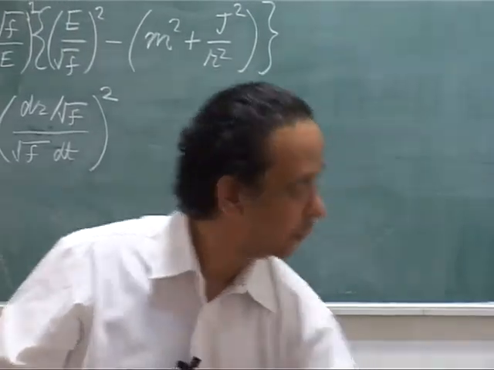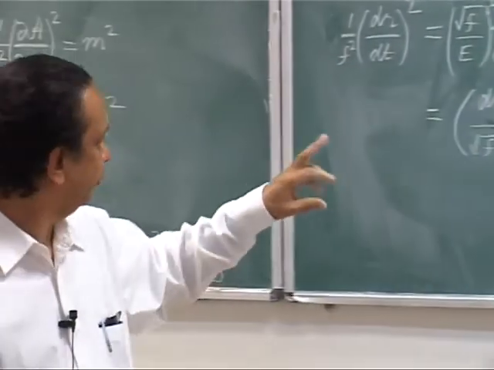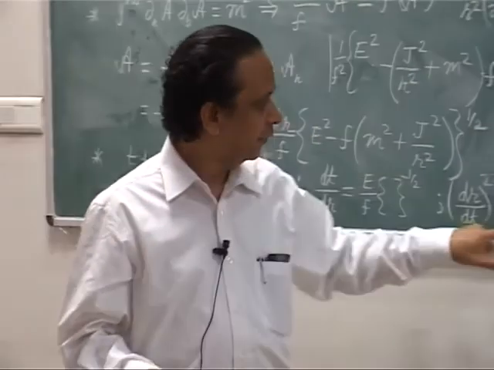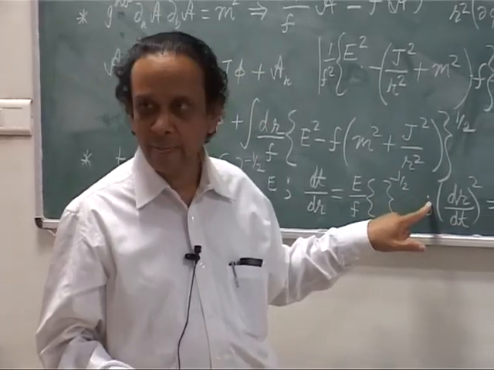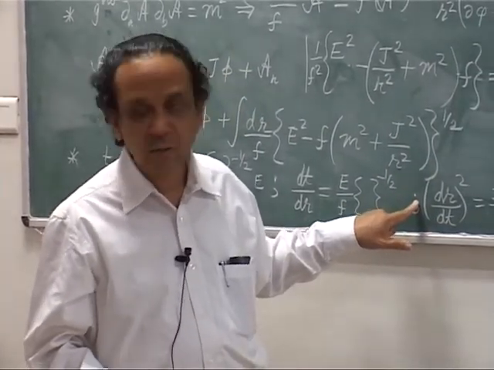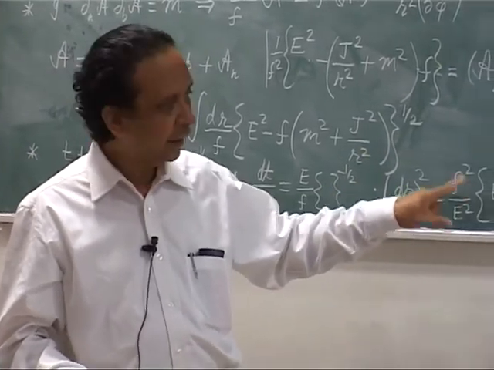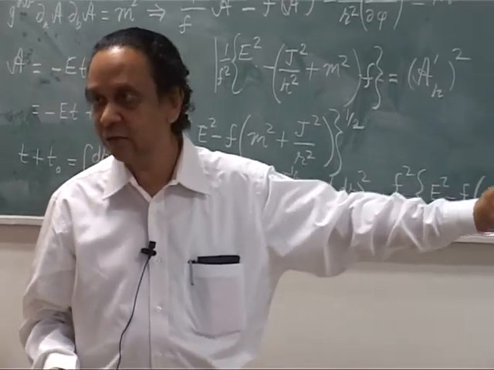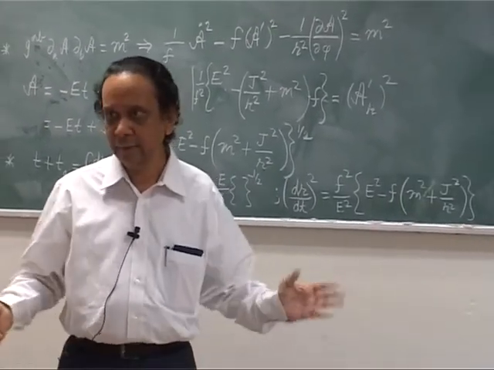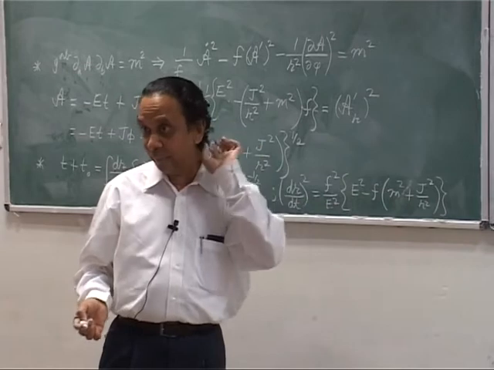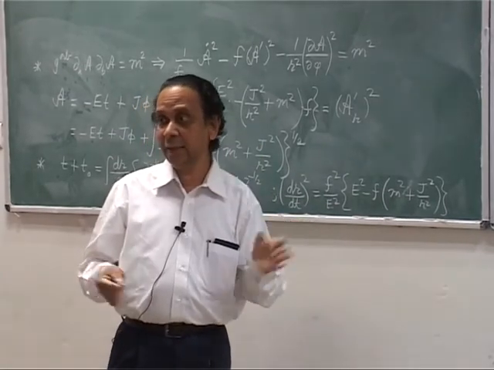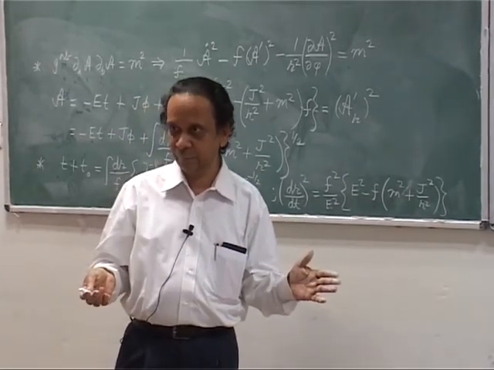Now, you go back and look here. If I multiply this by E square, it is E square r dot square. On the right hand side you have, with f is 1, E square minus m square plus j square by r square. So, this is just a free particle moving in flat space.